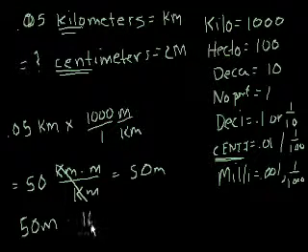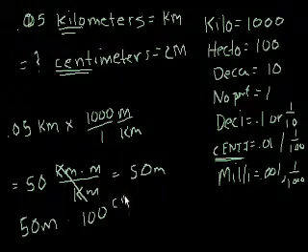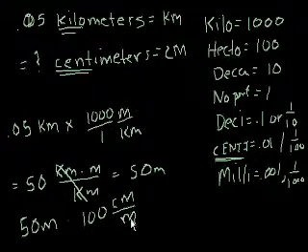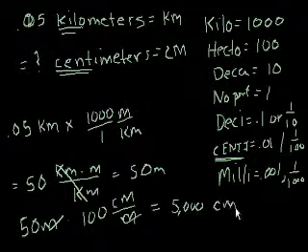So we say times 100 centimeters per meter, right? And that just makes sense. There's 100 centimeters per meter. So 50 meters times 100 centimeters per meter is equal to 50 times 100, which is 5,000. And then the meters cancel out, and you get centimeters. So we have here 0.05 kilometers is equal to 5,000 centimeters.